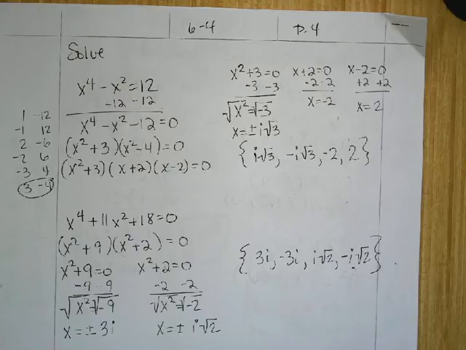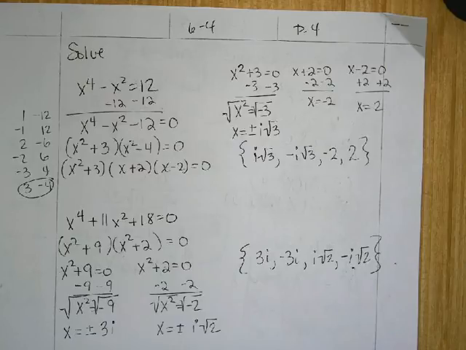Every time I tell you you're going to take the square root as a method of solving, you're going to have 2 answers. One's a positive and one's a negative. So those imaginary roots are always going to occur in pairs. One will be positive and one will be negative. 3i and negative 3i. Negative i square root of 2 and positive i square root of 2.